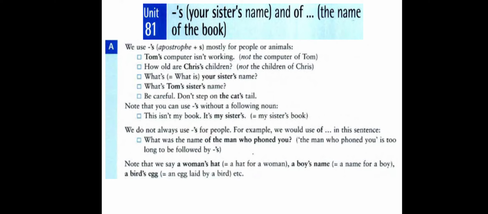Note that we say the woman's hat, a woman's hat, a hat used for a woman. Here woman is singular and followed by apostrophe plus S. A hat that belongs to a woman.